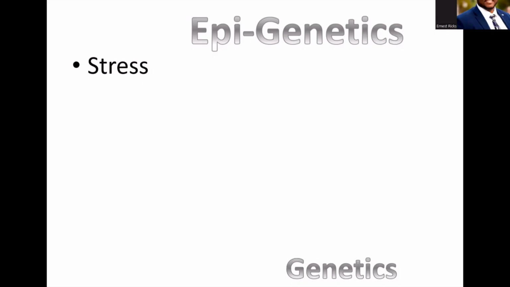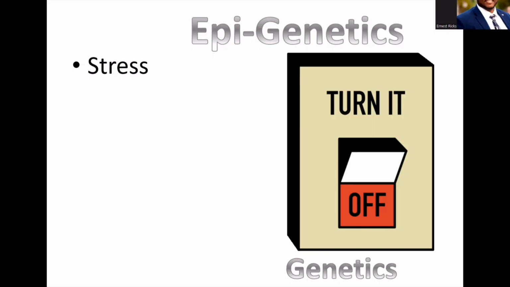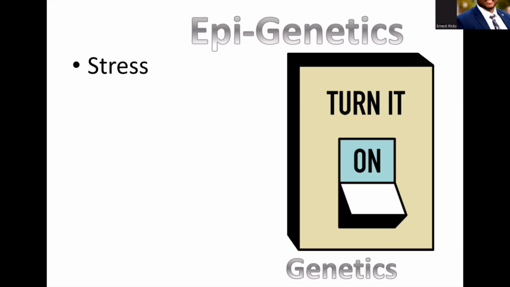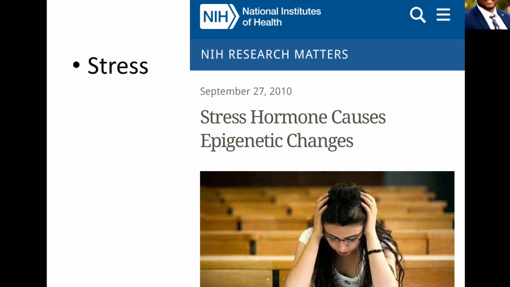Epigenetics opens the doors to understanding how stress could play a role in gene expression. Stress can cause some genes to be turned off and some genes to be turned on, even into adulthood, even into early childhood. How could stress do that? We'll explore that as we go through more of these talks about epigenetics.